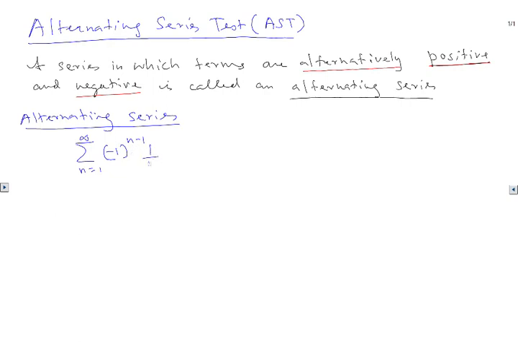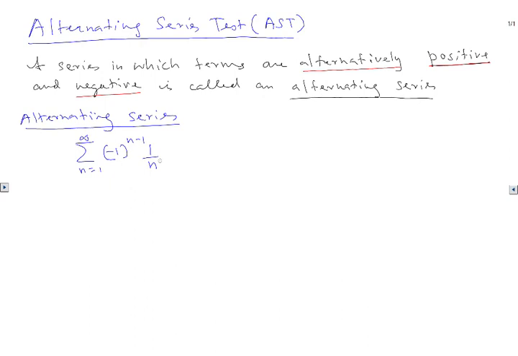In an alternating series, you always see that negative 1 to a power, because that changes the sign. Make sure the sign changes every time: positive, negative, or negative, positive, negative. It doesn't matter, the sign has to change.